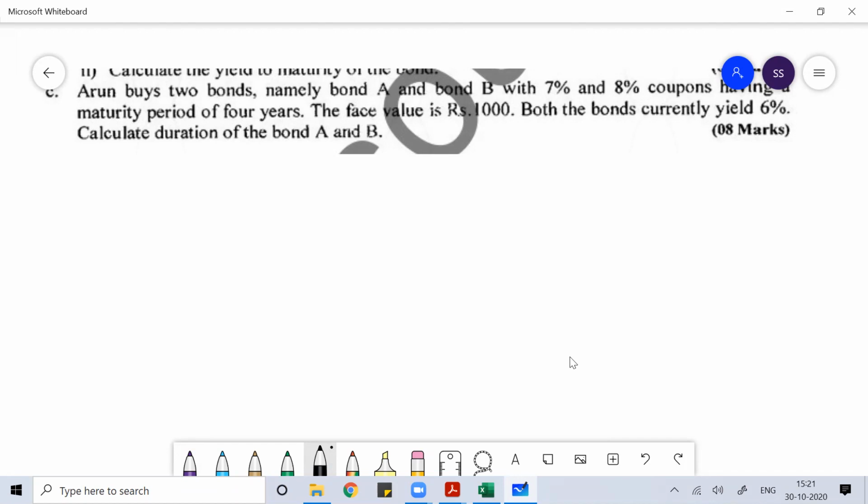The face value is 1,000 rupees. Both bonds currently yield 6%. Calculate the duration of bond A and the duration of bond B.